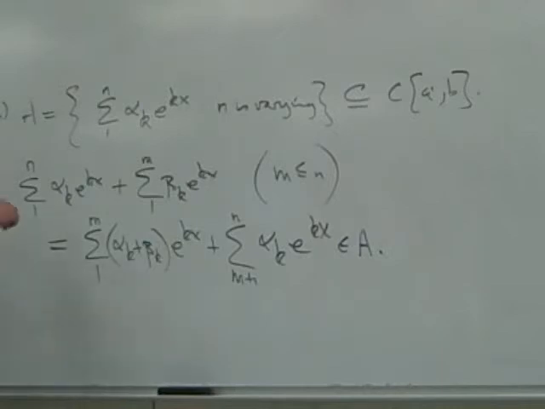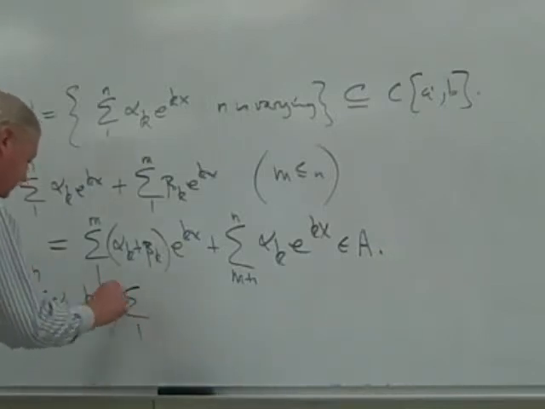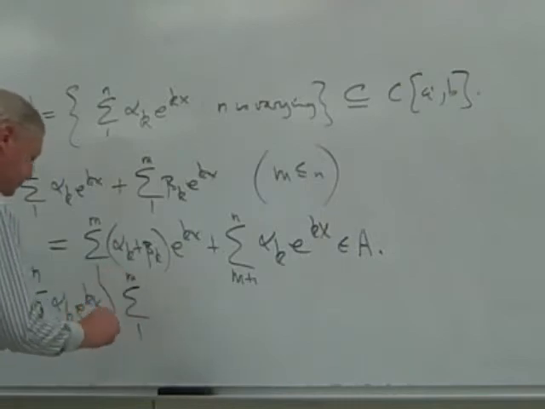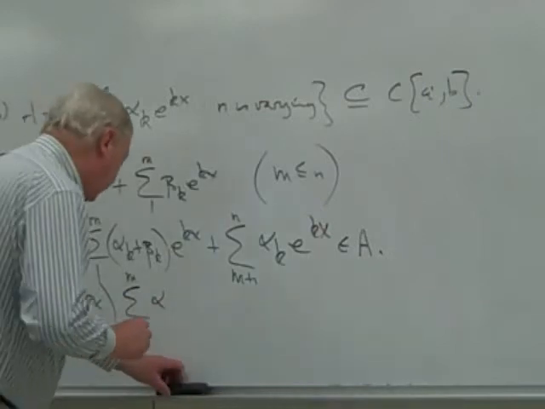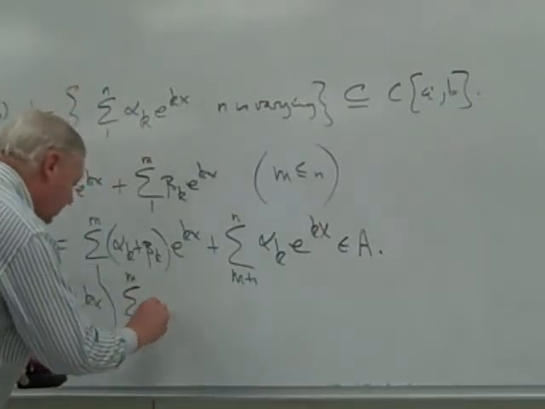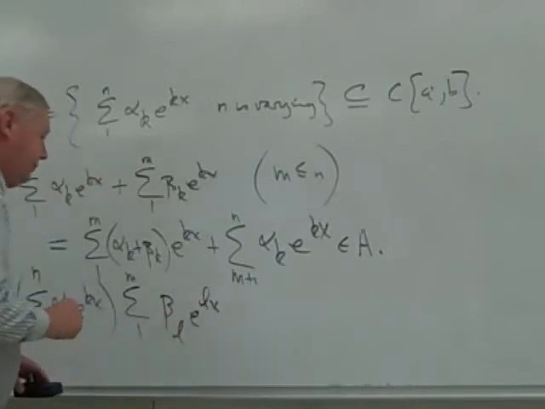Also, when you multiply together two of these things, let me use a different index here: beta sub L e to the Lx.